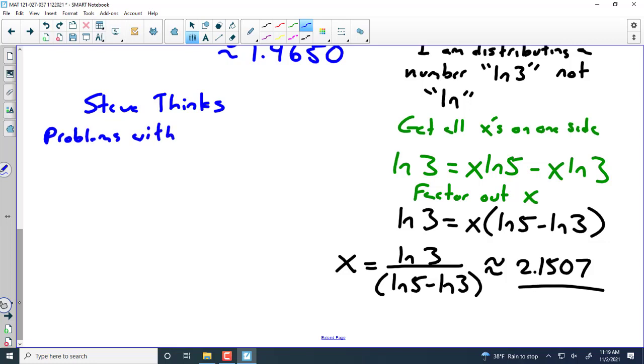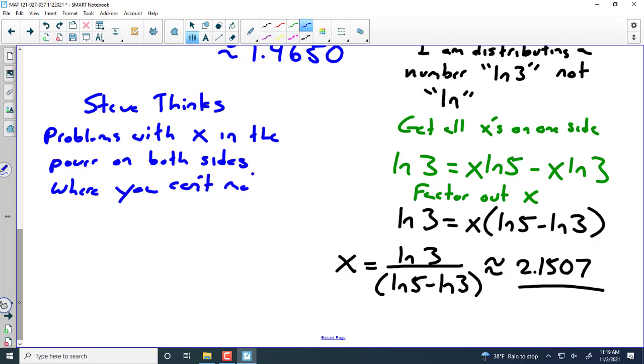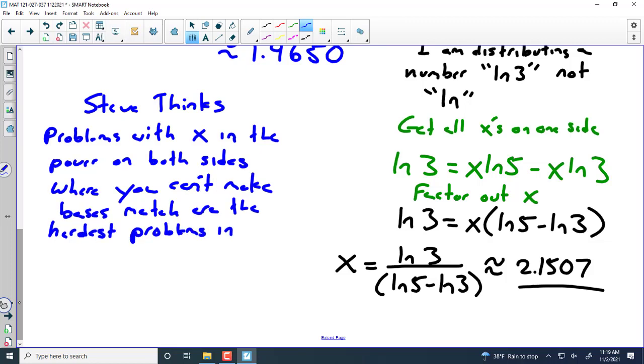Problems with x in the power on both sides where you can't make the bases match are the hardest problems in 4.5. That's my opinion. I think that's the hardest type of problem we're going to do today. We're going to do another one like that later, but I think that's the hardest type we'll see.